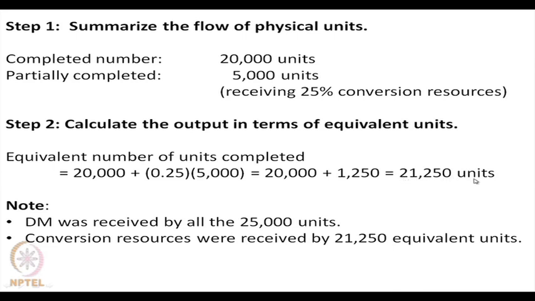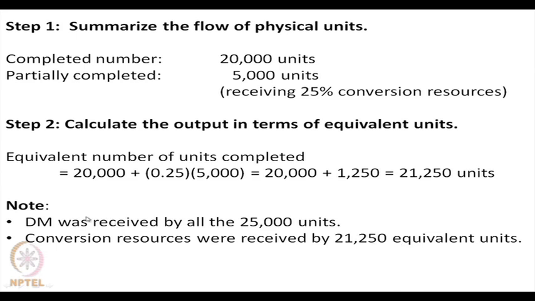Now, but let us understand that direct material was received by all the 25,000 units, because material has been issued to the forming department, but the labor charges were not fully applied. So, the conversion resources were received by only the equivalent number, which is 21,250 equivalent units.